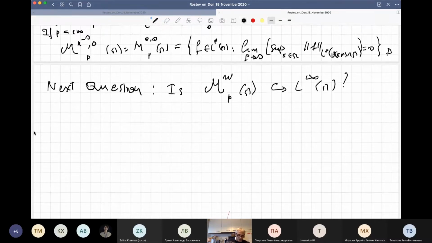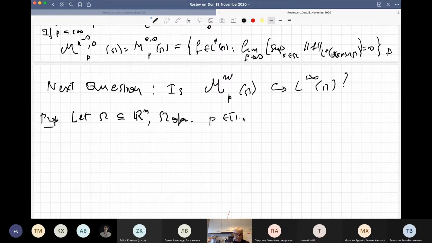And we prove the following proposition. Let omega be an open subset of R^n, and p as usual in 1 plus infinity.